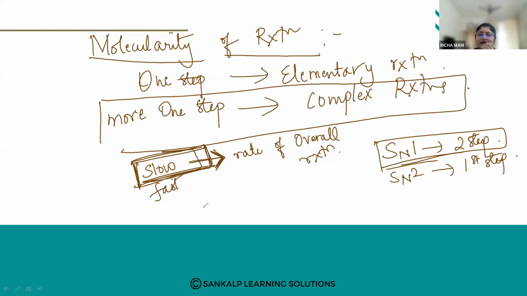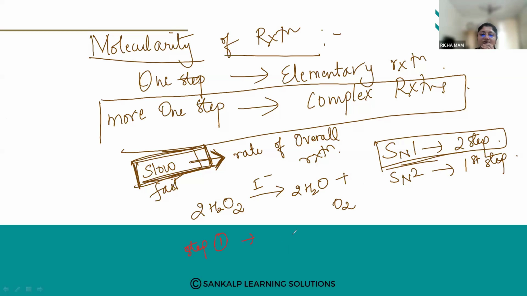Suppose you take the example of decomposition of H2O2, that is hydrogen peroxide, in the alkaline medium. How will this hydrogen peroxide undergo decomposition to give you H2O and oxygen? What is the mechanism for this reaction? There will be two steps.